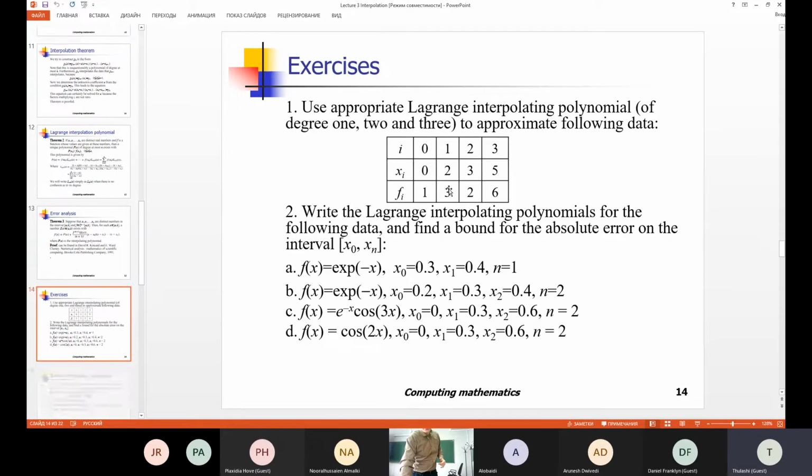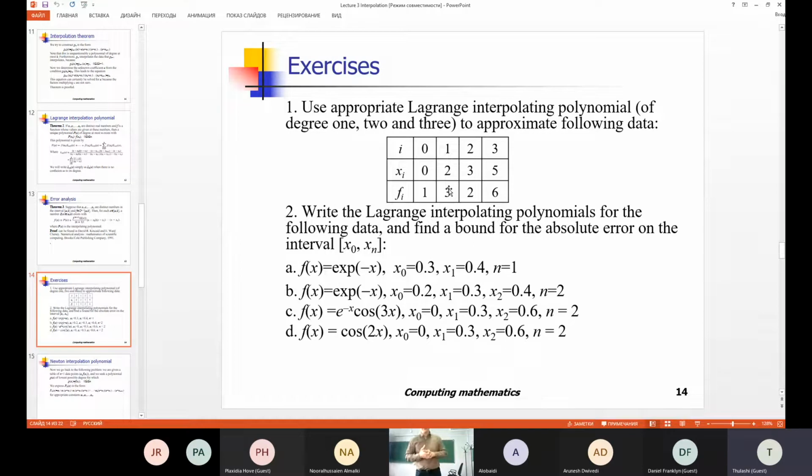Let's take another 2 points. Let's take x 2 and 3, and y 3 and 2.